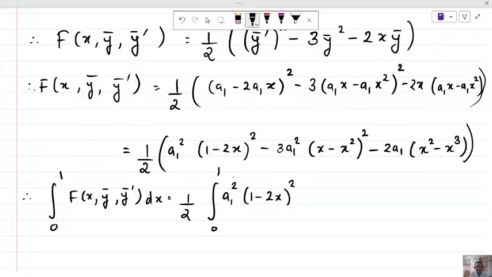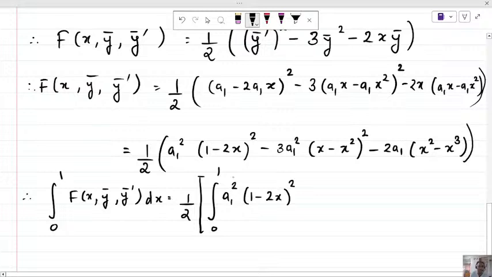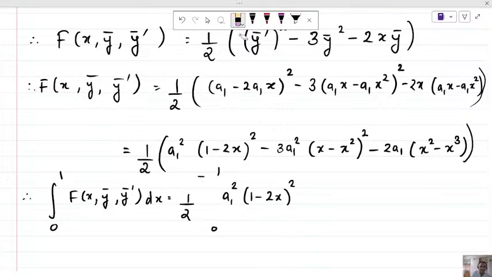That is what we will get here. And now we basically have to just integrate the terms. So I'll integrate only the main portions, and the rest we can write directly.